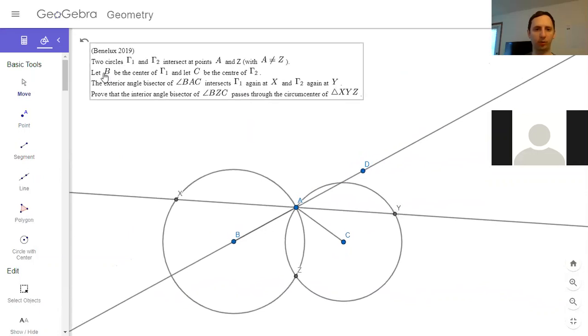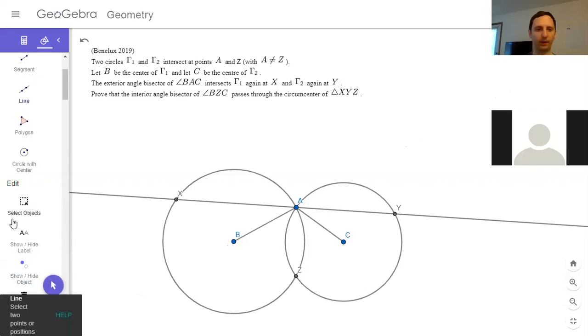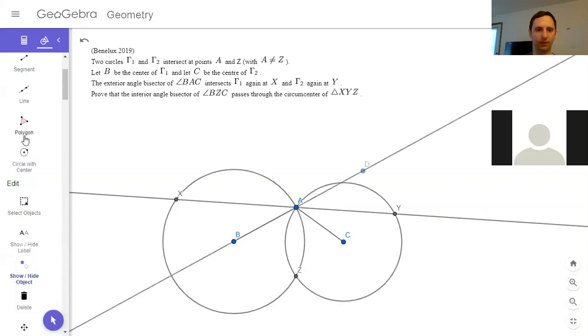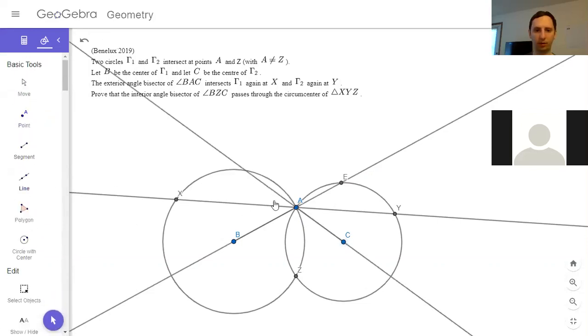Okay, so I'm going to draw the circumcircle of XYZ. Hold on just a sec. Let me decide what I want to hide and what I want to keep. Let me do it like this. I'll draw this point and this point, just so that you know it's the exterior bisector.